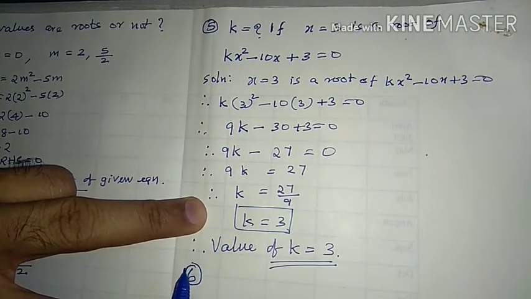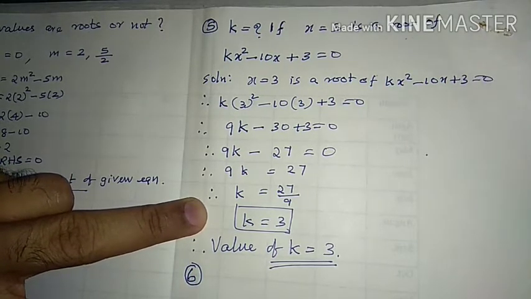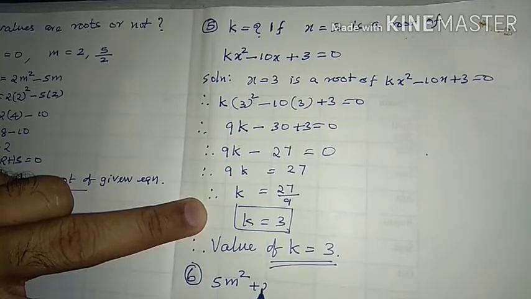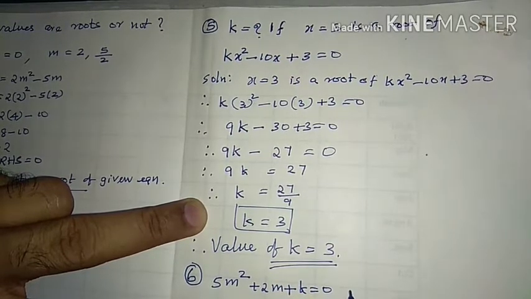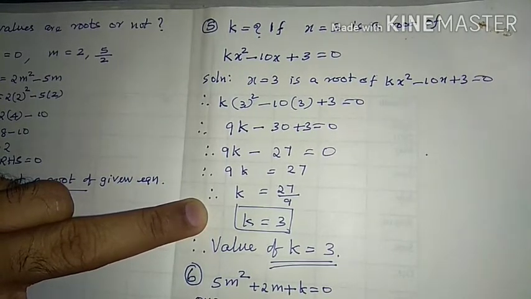Now question number 6. The last question. Question says like this. One of the roots of the equation 5m square plus 2m plus k equal to 0. One root is given, minus 7 by 5.